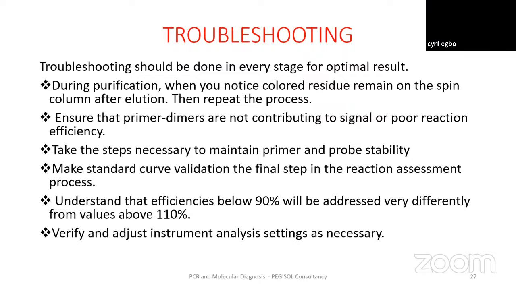Then another thing is to make standard curve validation the final step in the process. The standard curve is for you to quantify the concentration of your DNA. For that you need what we call a NanoDrop, but this NanoDrop is mostly used in research facilities, not in the PCR lab or normal molecular diagnostic lab.